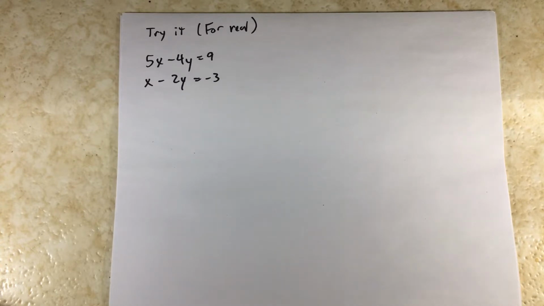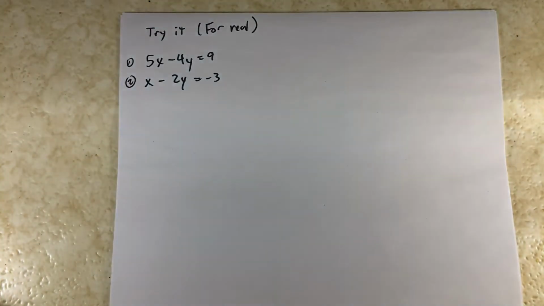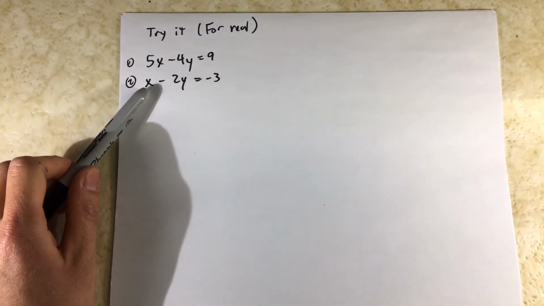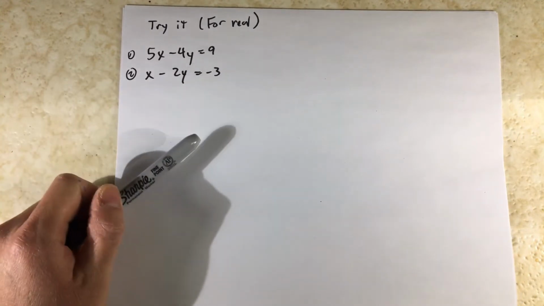I can talk you through some things here. If you don't want to hear me talking my way through this, you could fast forward until I start writing. Let's call these equation 1 and equation 2. I would solve equation 2 for x, because there's no coefficient there, so we won't deal with fractions.